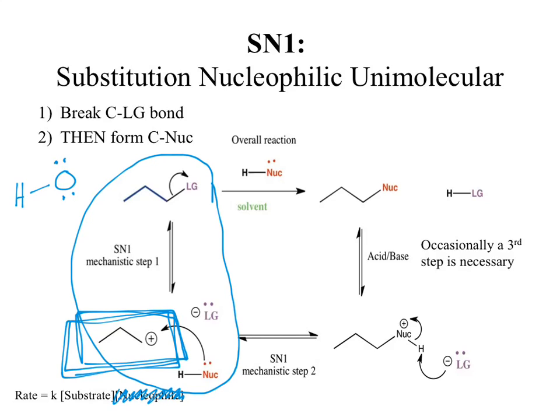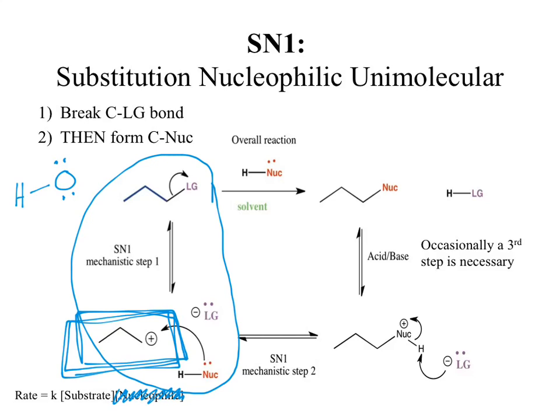Okay, what's going to allow that leaving group to leave? Should it be stable on its own? Yeah, it wants to be stable on its own. The leaving group leaves and it's what charge? Negative. How can we make that more stable? Make it less negative. How do you make something less negative?